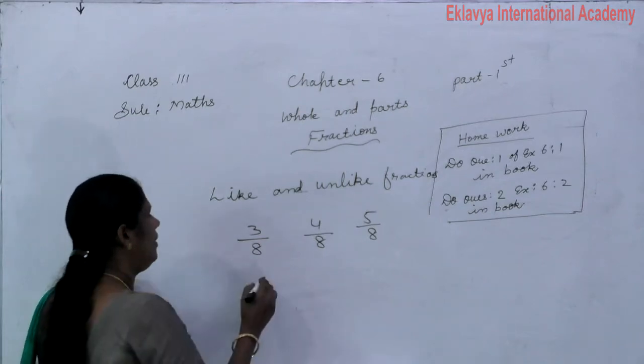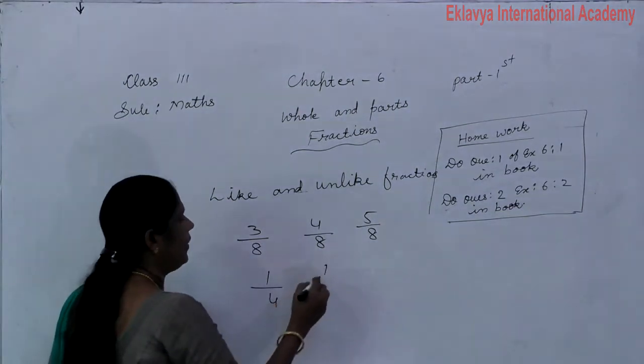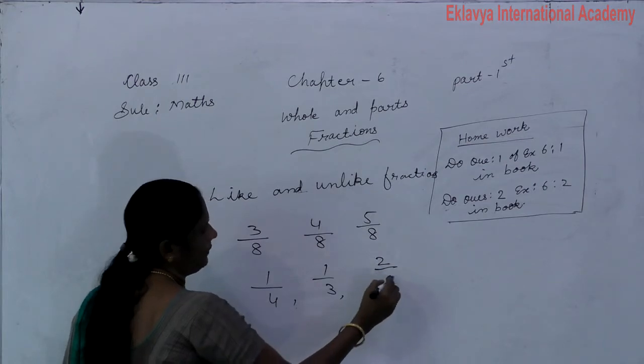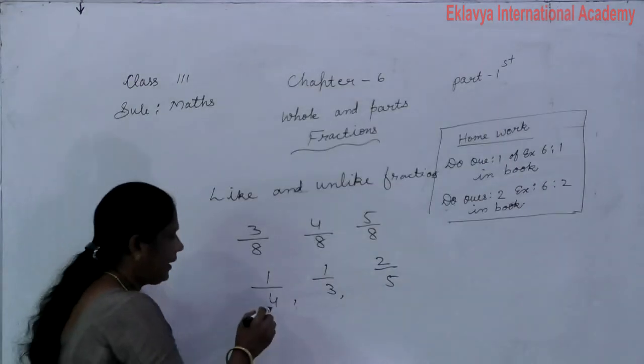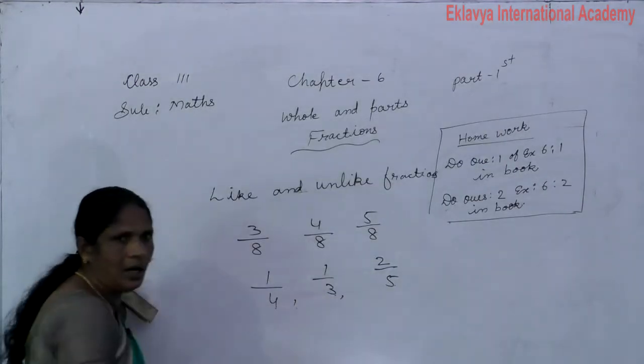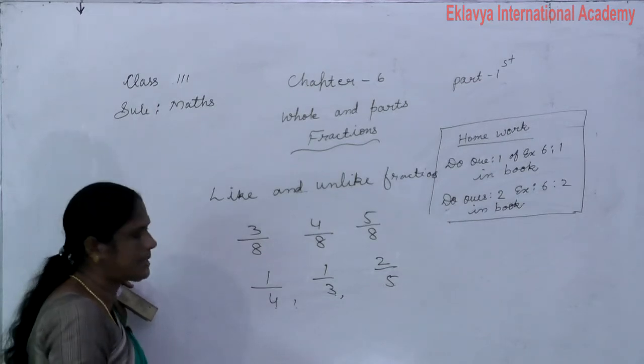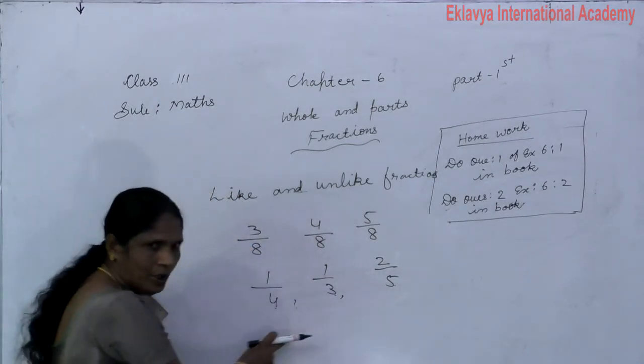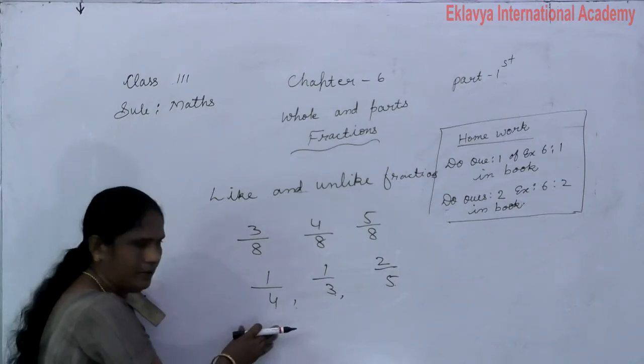Understand? Here 1/4, 1/3, 2/5. Look here. Here the denominators are different, not the same.